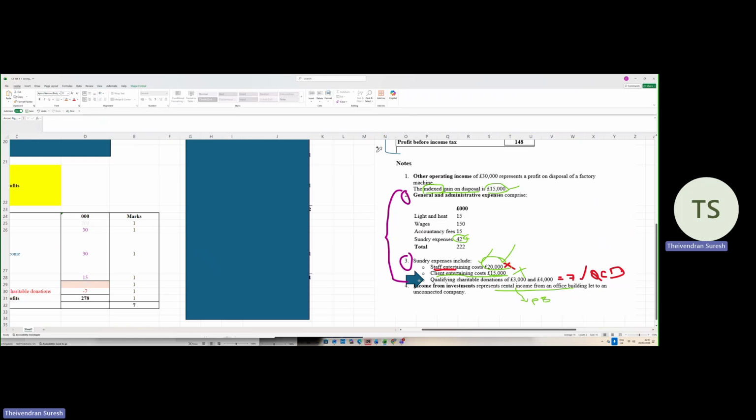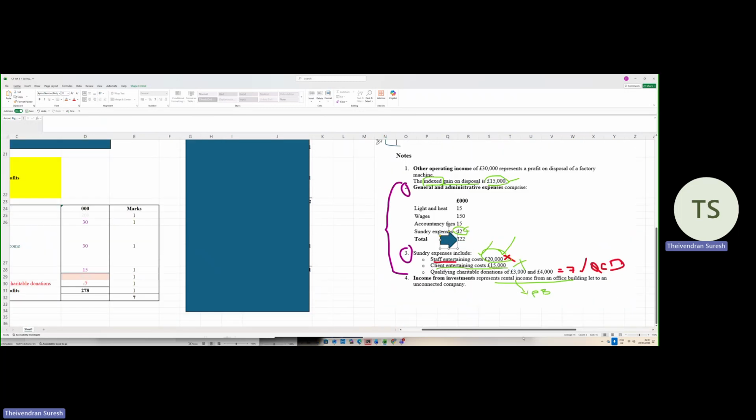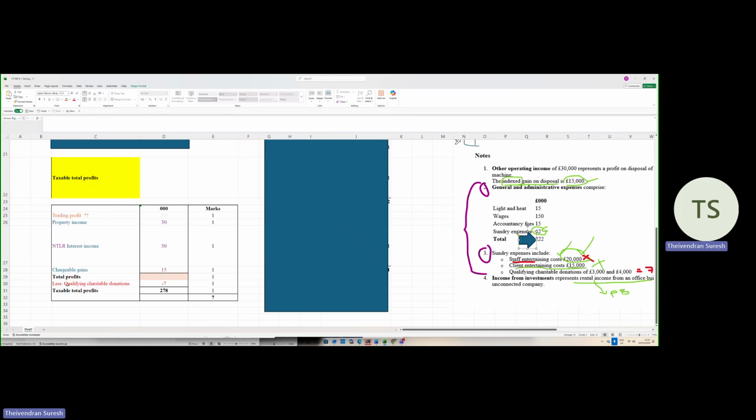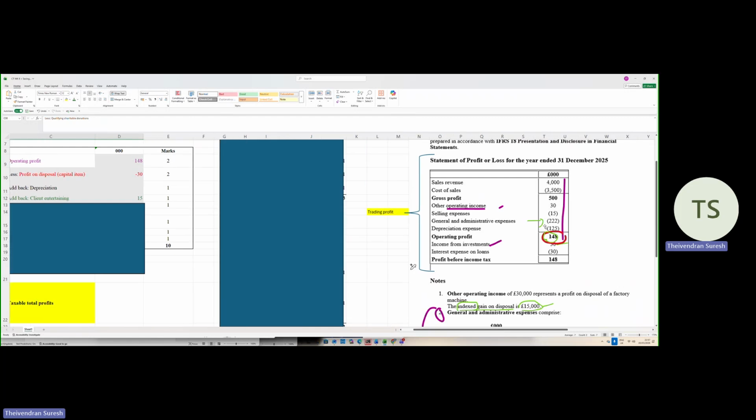We know where it needs to go. It is within this 42, which means it is within this 222 and we have deducted it before. Qualifying charitable donations need to go somewhere else in this main computations table. It is not part of your trading expenses. So it was wrong to deduct it as part of 222, and we have to reverse it.